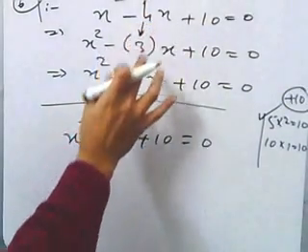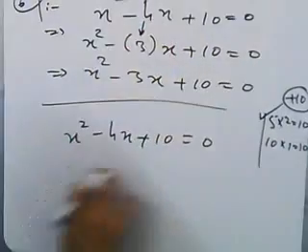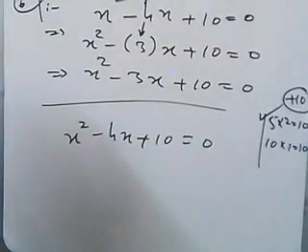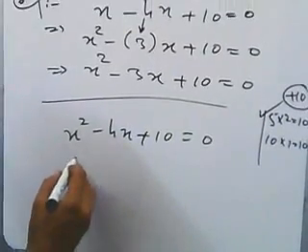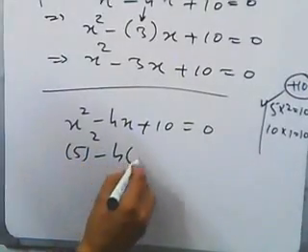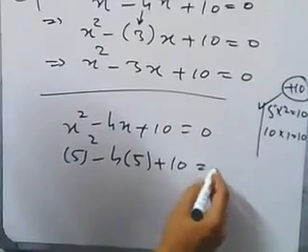If it means the value of h is wrong, we have to recheck our question why the value is not according to us, that is x is 5. Okay, put here 5. 5 plus 10 is equal to 0.